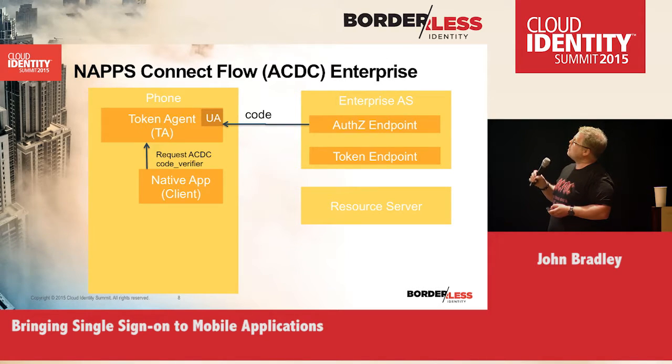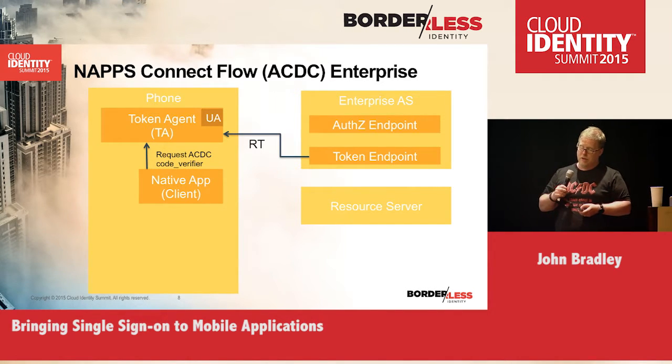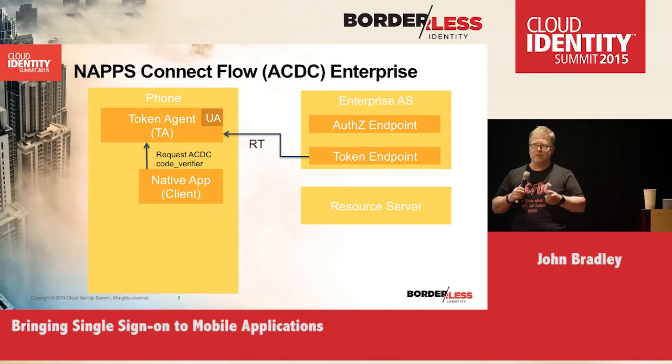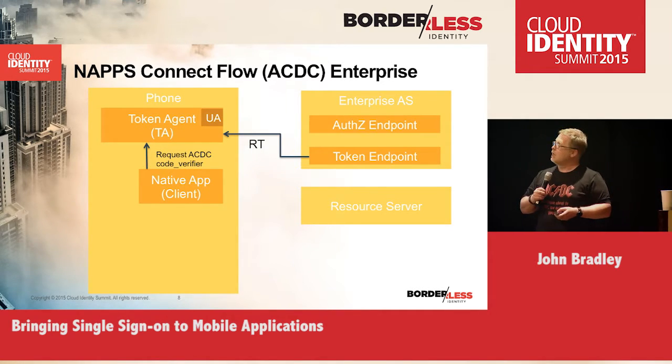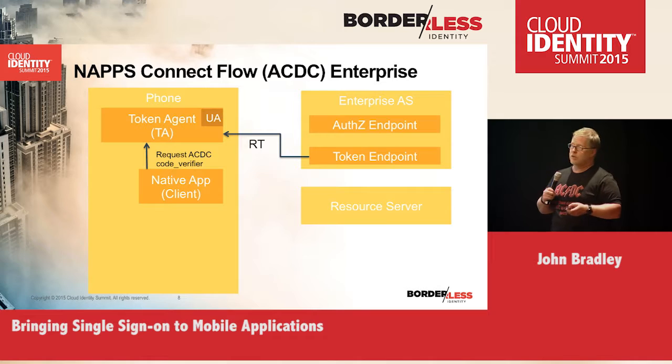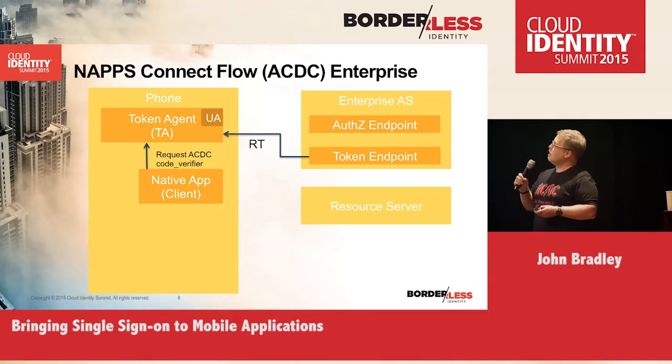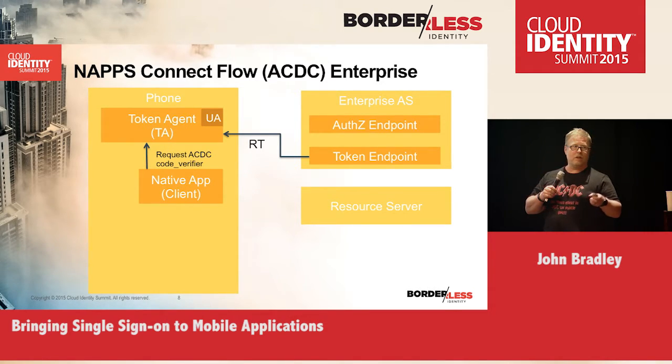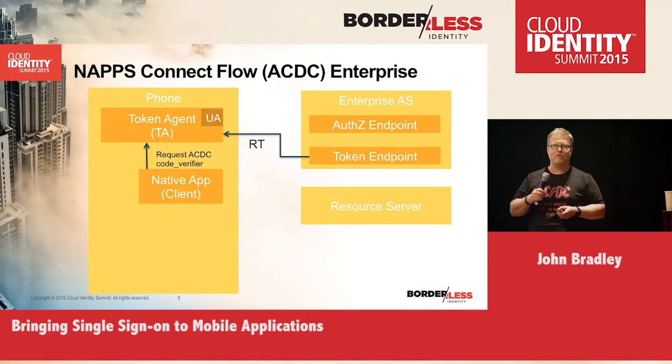So the token agent gets back a code. It then uses the code to get a refresh token. And as we progress with the token binding specs, which Patrick mentioned this morning, and which I'm working on with Microsoft and Google at the IETF, where I'm the chair of the token binding working group, we intend to have, on Android, that refresh token for the account manager currently use the current version of token binding to cryptographically bind that refresh token strongly to the token agent and that device.